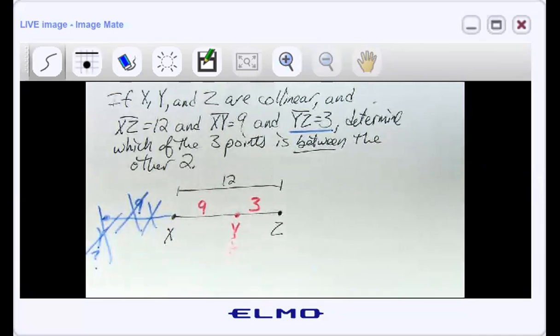Okay. So now I can answer the question. The question is, which of the three points is between the other two? So what's my answer? Someone shout it out. Okay, I'll call on you.